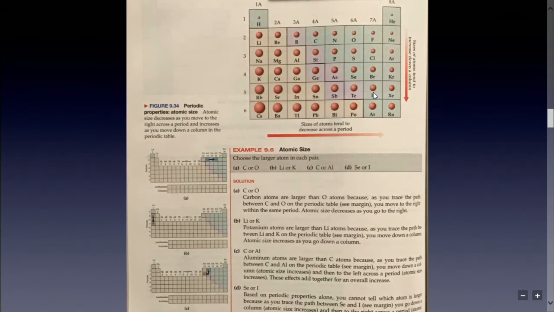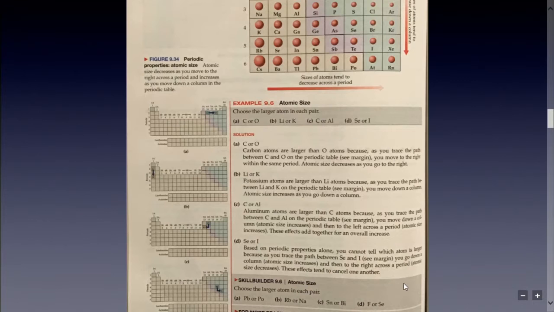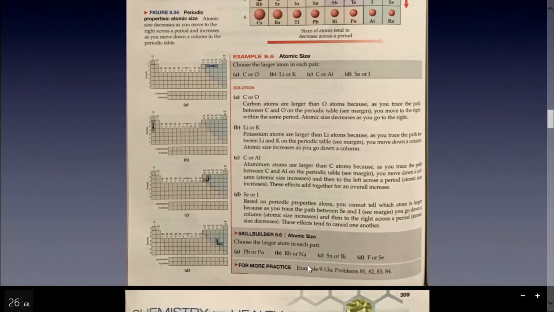So what really happens? Going down makes us go larger, but going to the right makes us go smaller. And so they kind of cancel each other out, really. So that's actually the answer to this question. Since one trend makes it increase and one trend makes it decrease, they essentially cancel each other out.